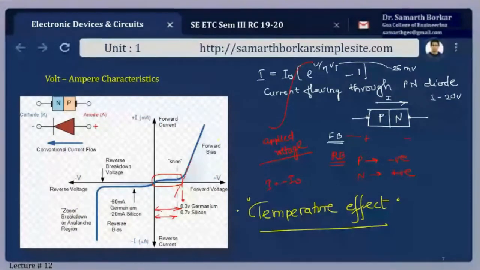Now, we simply cannot interchange these axes. On the x-axis we are having voltage, and on the y-axis we are plotting the current component. What it means, the current through the diode depends upon the applied voltage. Fine, that is the meaning of it. We simply cannot interchange the two. If you recollect the experiment, this is the experimental setup.